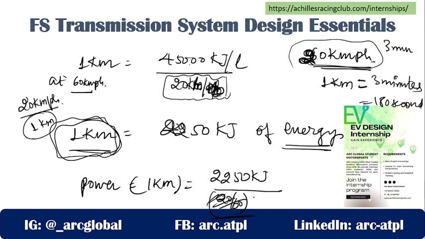So simply 2250 divided by 180 seconds, or for the sake of calculation, let me just say 225. So I will be getting 10 kilojoule per second, or 10 kilowatt of power.